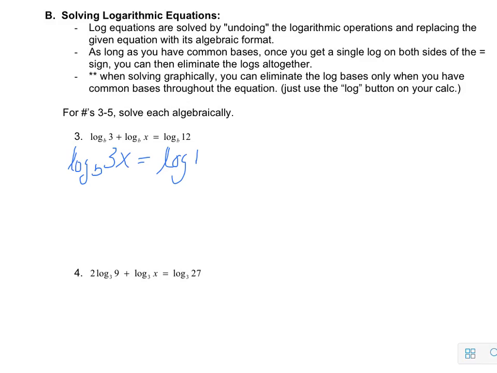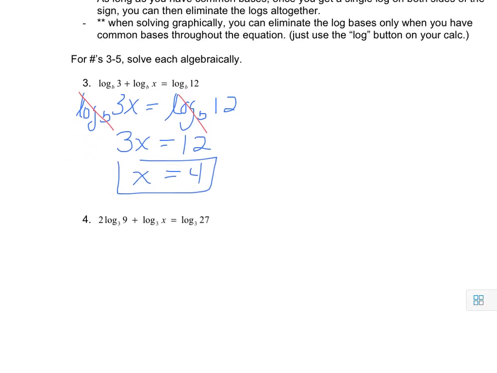Oops, let's make that b a little smaller because it's a subscript. Alright, I have a single log equal to a single log, and they both have common bases, so I can eliminate the logs. And now I have 3x equals 12, divide each side by 3, x is 4, and there's your answer.